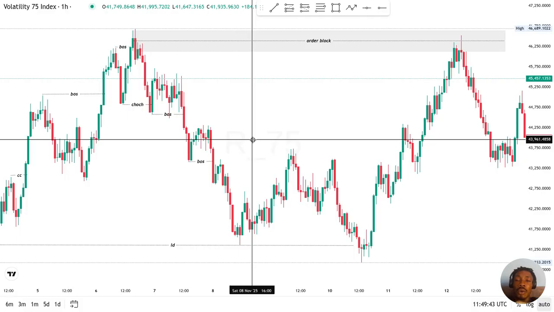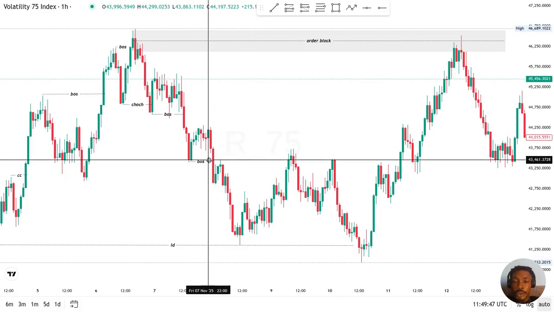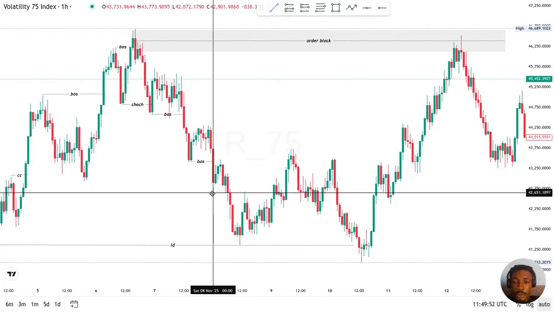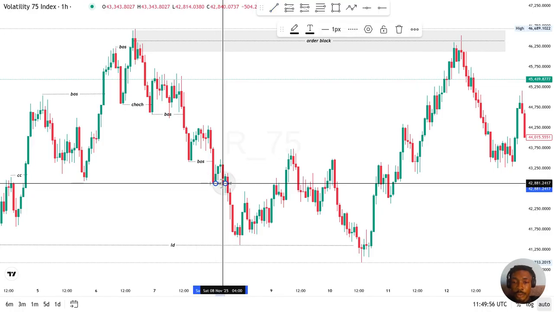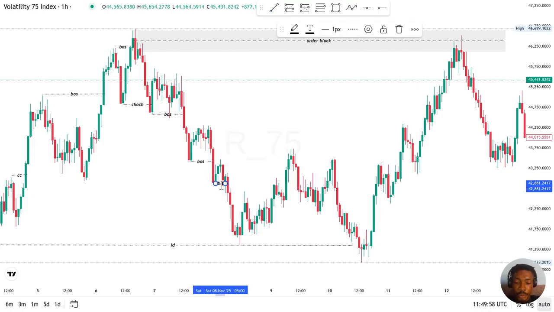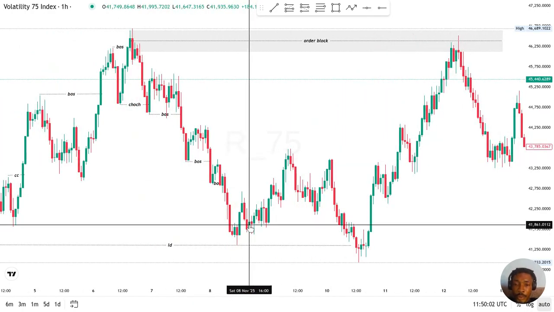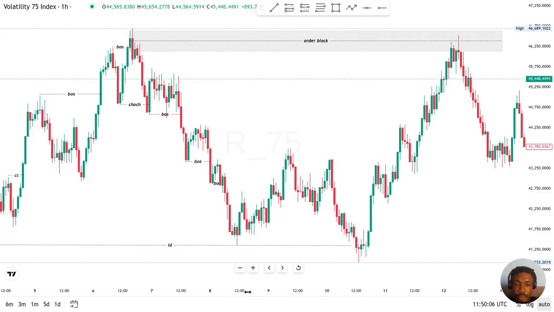Okay, so let's keep on going on the chart. We have a break of structure here, and we also have another break of structure down here. We still have another break of structure.